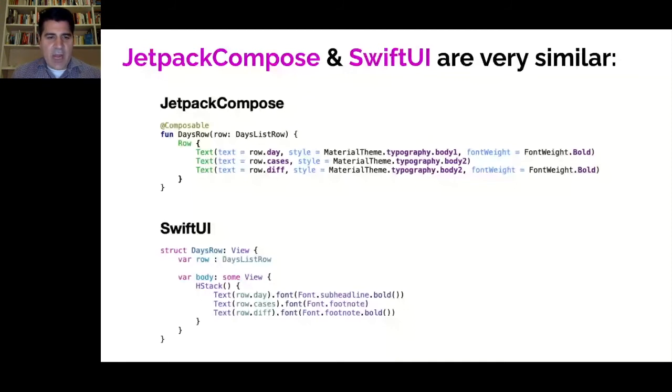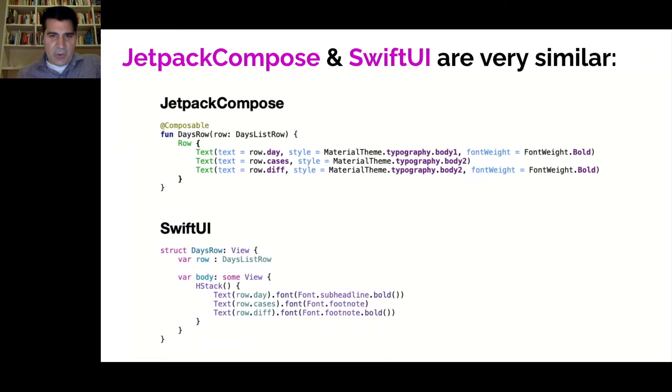And in SwiftUI, you have HStack, which is exactly the same thing. This structure has 3 elements inside, and we are basically presenting 3 text objects with some data. As you can see here, we don't have any IDs, so we just directly apply the data.